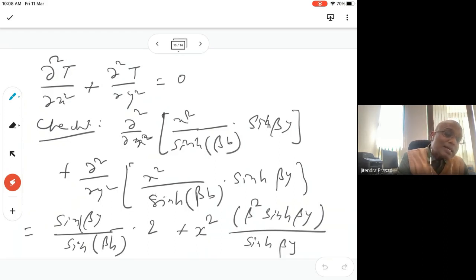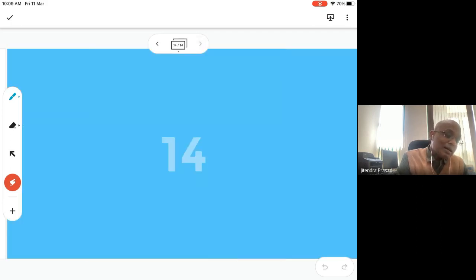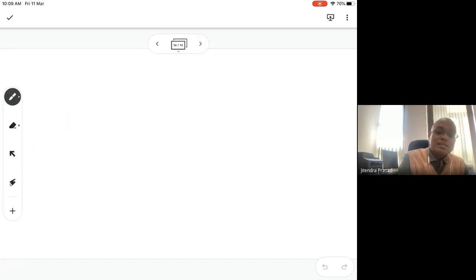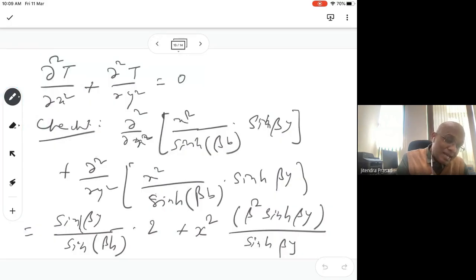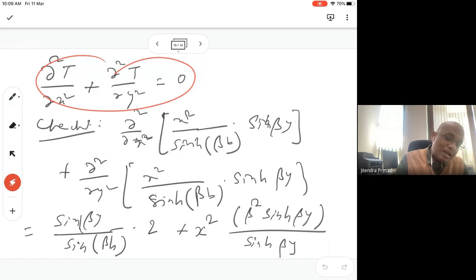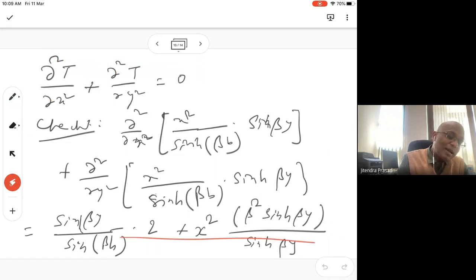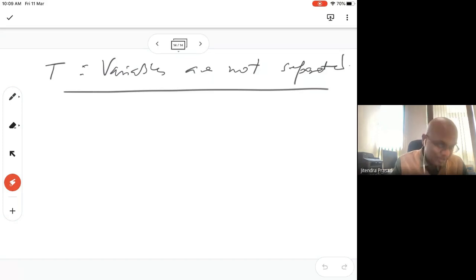This only indicates one thing: the variables are not really separated. That is the conclusion. If you put those values here and you are not getting 0, whatever calculation we did is not valid. We have to think of something else.